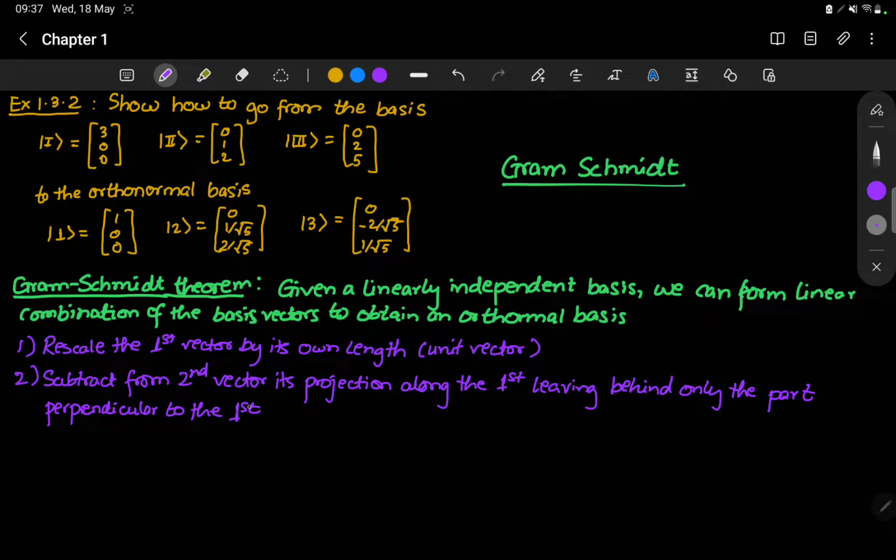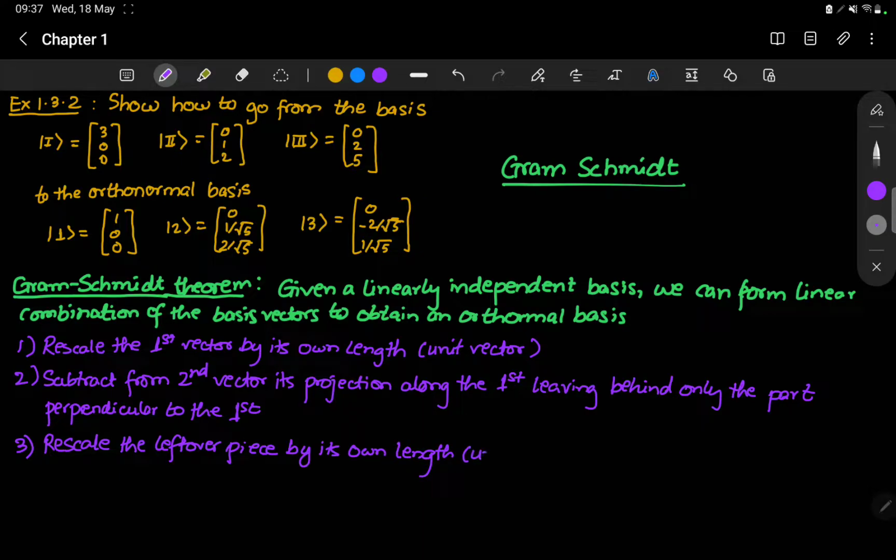This subtraction is of the second vector's projection along the first one, obtained after normalizing it by its length. And then the third step is rescale the above leftover piece by its own length.